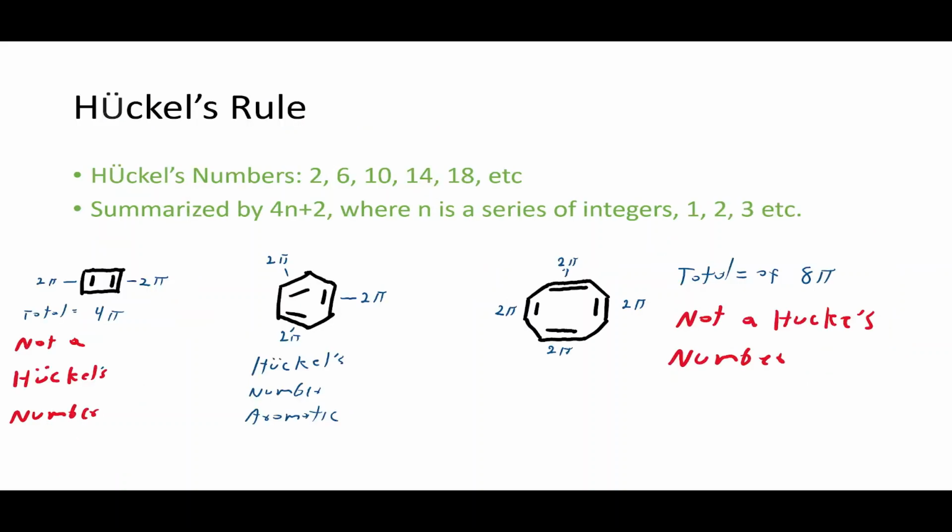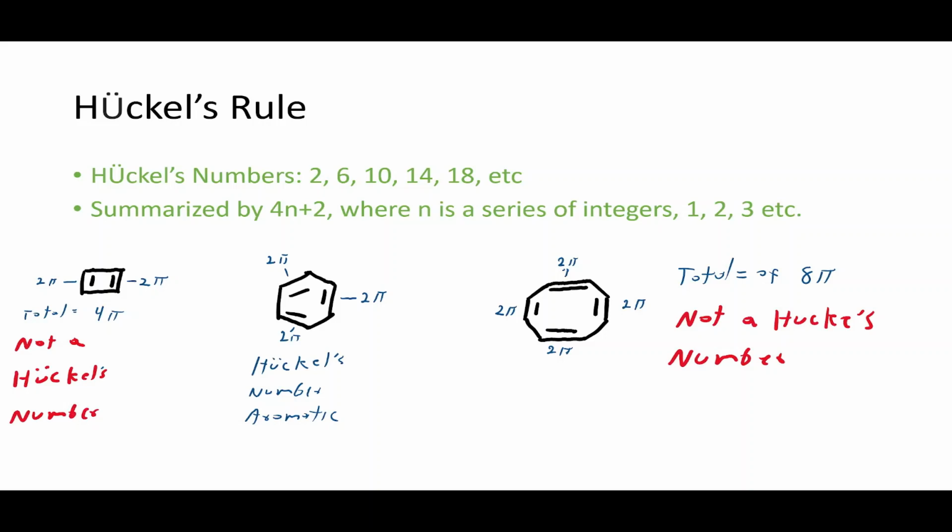Now the Huckel rules. Huckel's numbers are 2, 6, 10, 14, 18, etc. And they are summarized by 4n plus 2, where n is a series of integers 1, 2, 3, etc. So we can see here these are the compounds from before, and we are now analyzing them in terms of Huckel's rule.